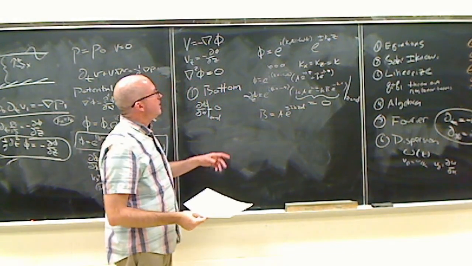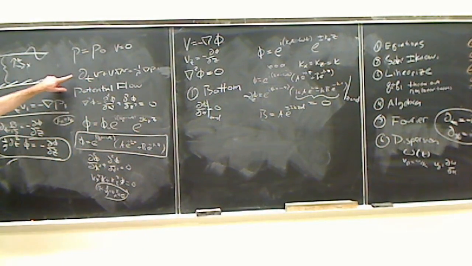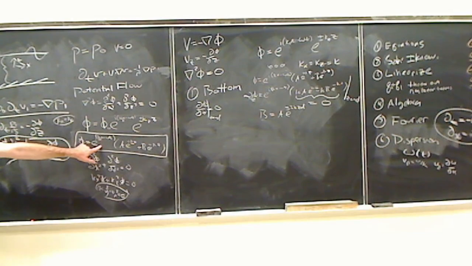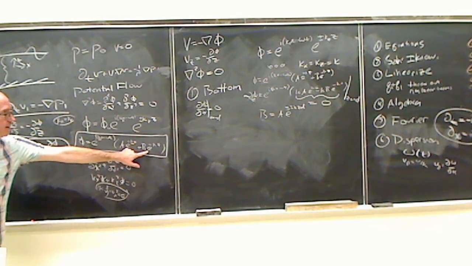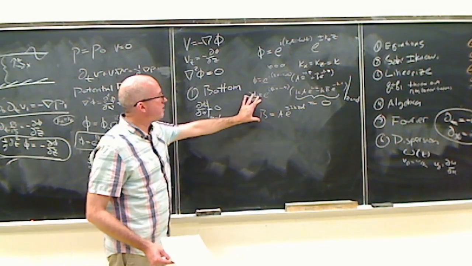Okay, so what did I do? I start with my equation. I linearize it. I apply my boundary conditions on P and V, and I combine those two equations, and I'm left with this equation. Now we're trying to solve this equation by assuming it looks like e to the i kx and e to the kz's. We apply our first boundary condition at the bottom, and we're left with this.